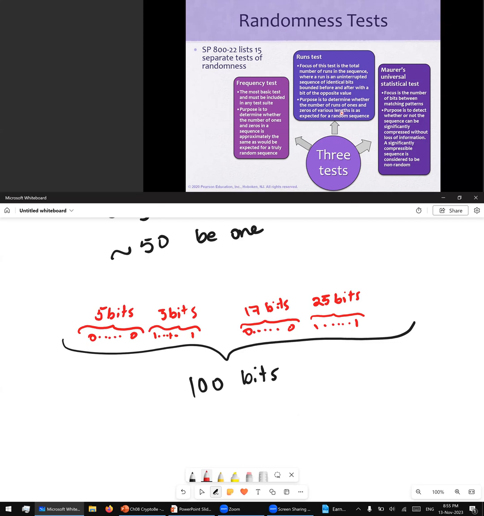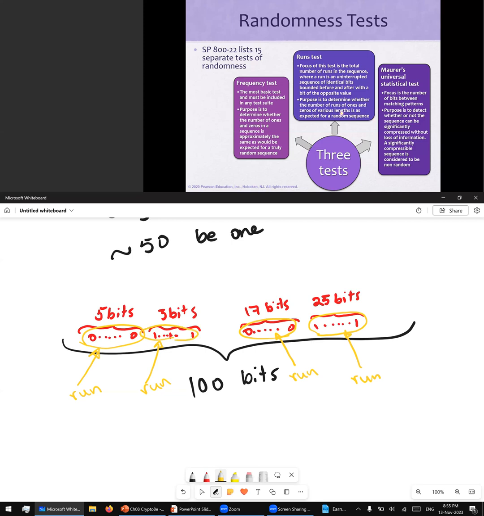But we don't want them to be the same length, and we don't want them to be in the same place. This is generally called a run. Each one of these is called a run. This is a run. This is also a run. So is this one. So a run is a subsequence of bits that are the exact same, all zeros or all ones.